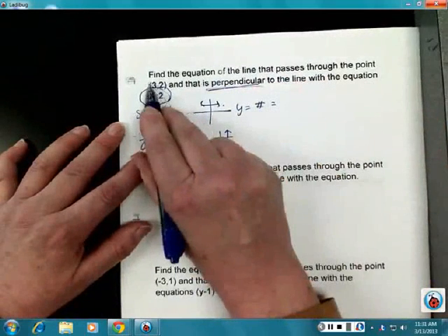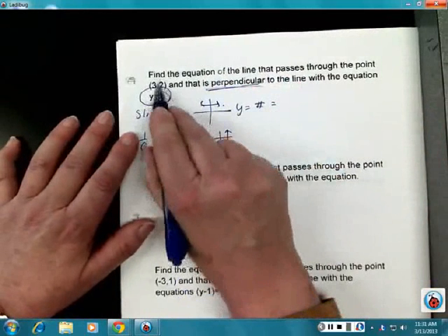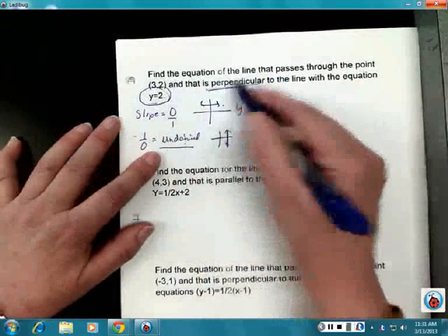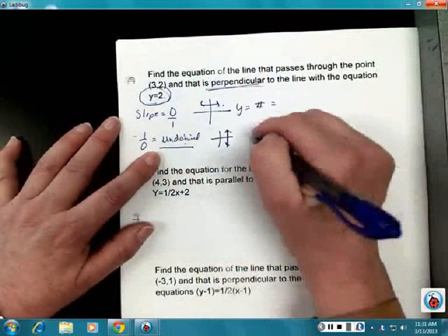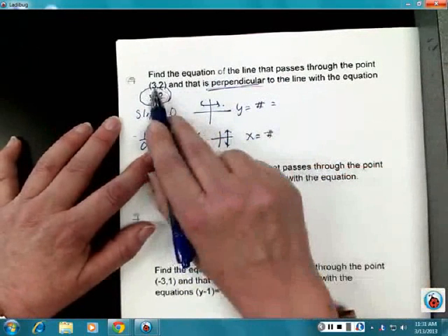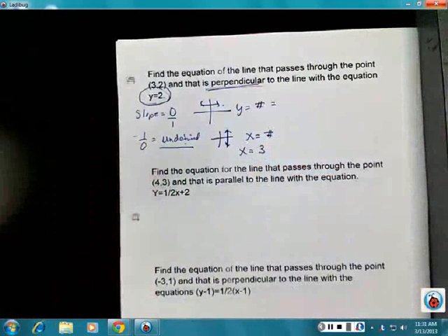If we wanted the equation of a line parallel to this one, we would use y equals 2, but because it's perpendicular, we're going up and down, so we use x equals some number. I pick out my x value, so this equation is x equals 3. So you find your other piece in there with that one.